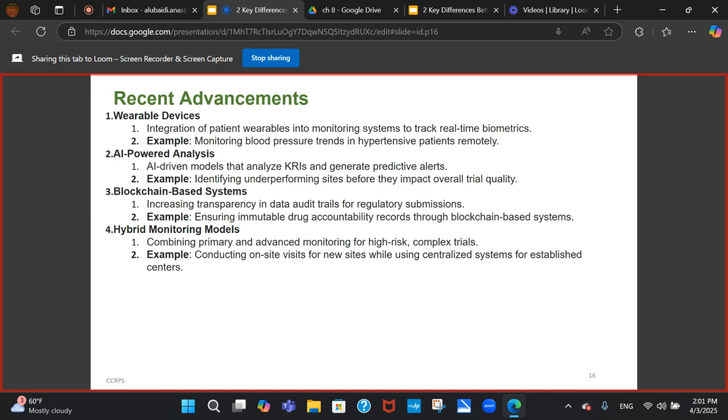So through the audit trail, as monitors, we are able to identify how the data was in the beginning, before it was changed, modified or corrected, and then the new data.